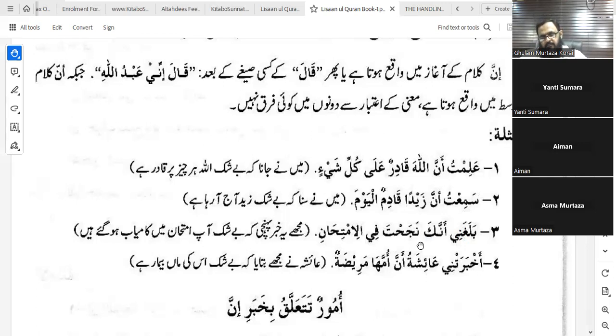أخبر will be فعل ماضي. Only akhbara? أخبرتني. أخبرت is completely a verb or just أخبر is a verb?